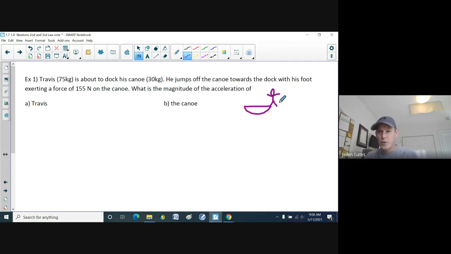Travis pushes off the canoe, so he applies a force to the canoe of 155 newtons. Now, here's what happens: Newton's third law says the canoe reacts by pushing back on Travis with 155 newtons.